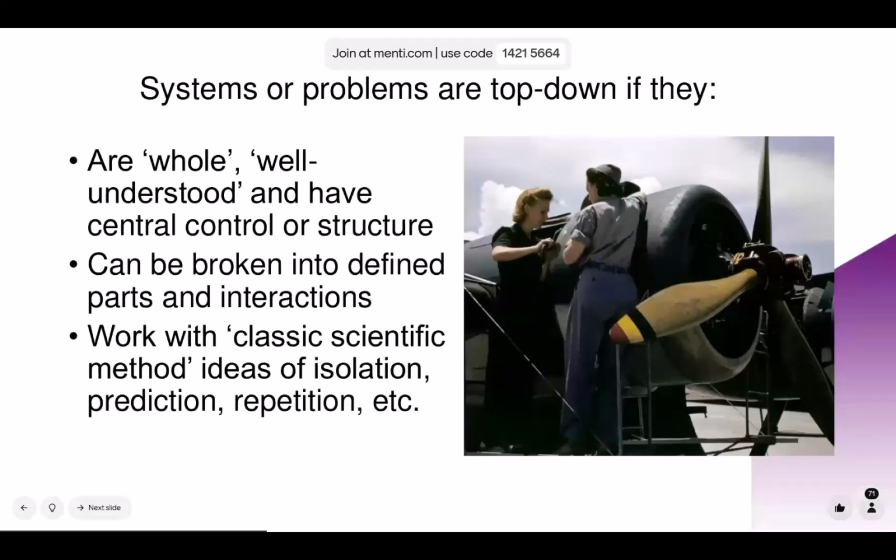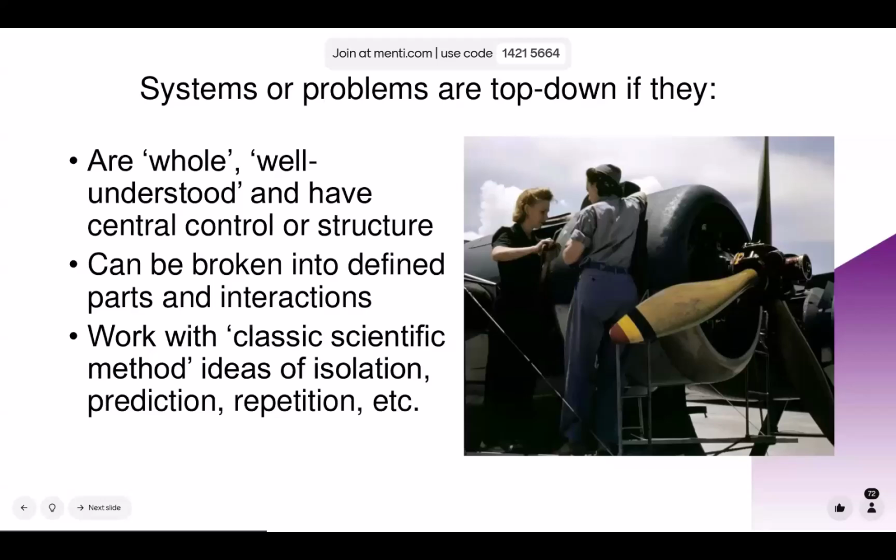Now, systems or problems are top-down if they are whole, well understood, have central control or a centralized structure, if they can be broken into defined parts and interactions, if they work with classical scientific method ideas of isolation and prediction and repetition. Now, remember, nothing is ever 100%, but some classic examples of top-down systems are engines and hierarchical organizations like a military or a company.